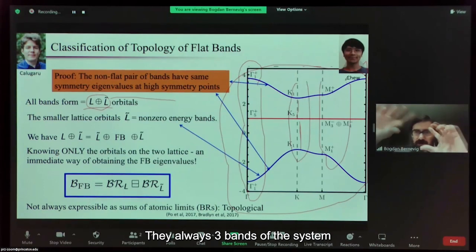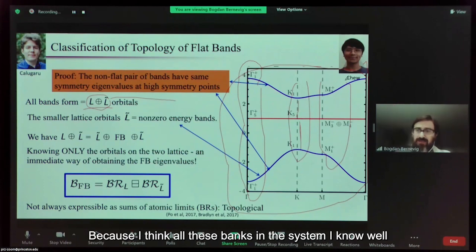I don't know how they're distributed. For example, I wouldn't know that M1 plus is above M3 plus here. Maybe this guy is distributed above here. But I would know what they are.